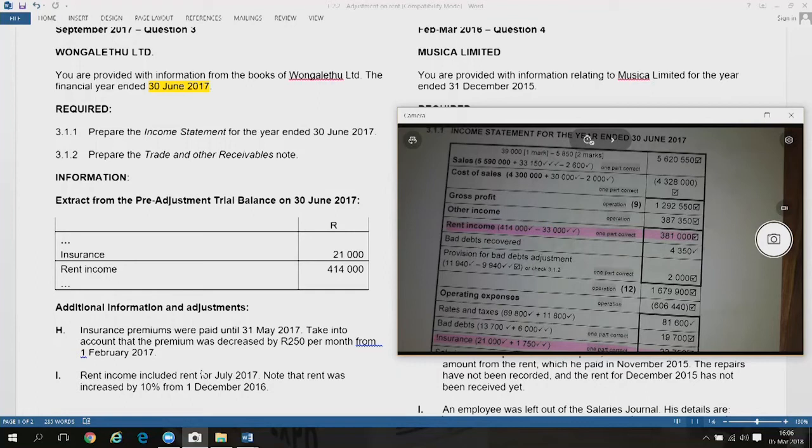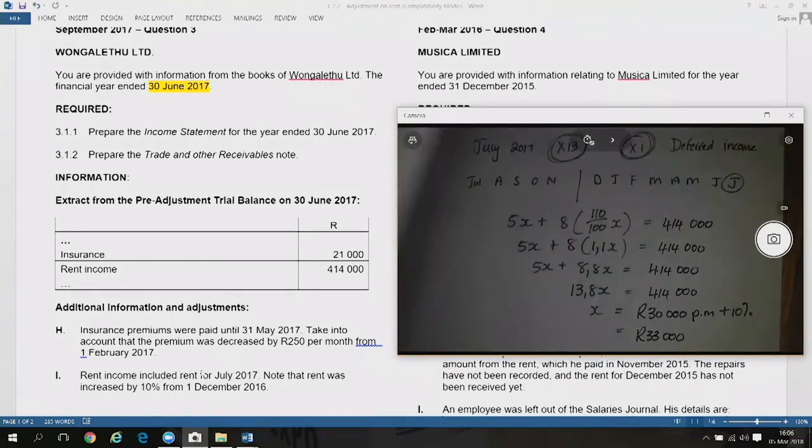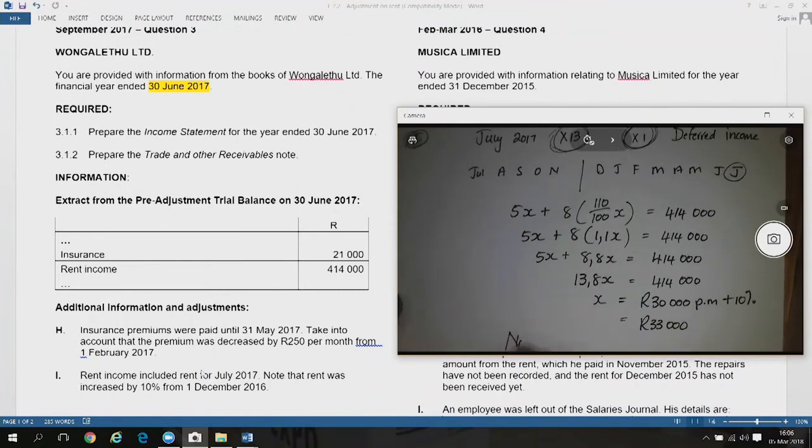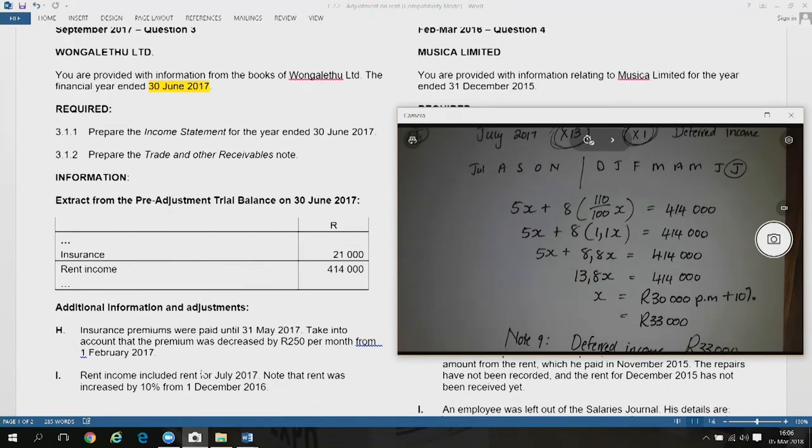And the deferred income is also in note number 9. So that's why we don't show it in the note that they ask us to do. So in note number 9, there's deferred income because we received 33,000 Rand in advance.